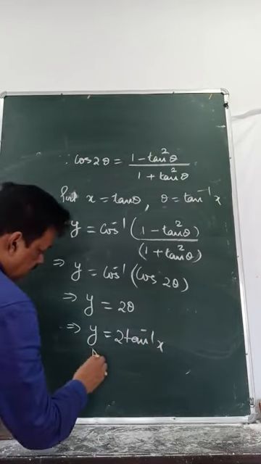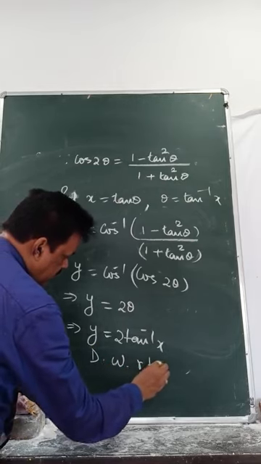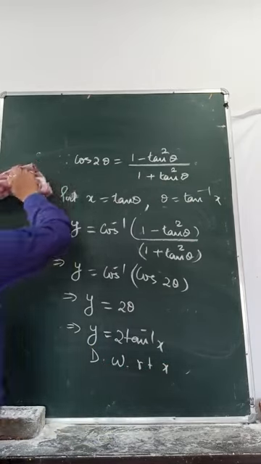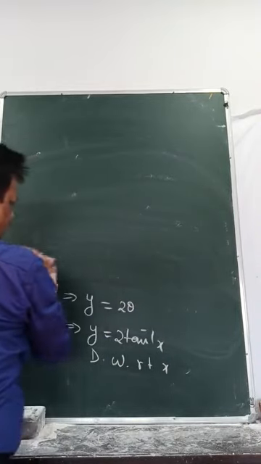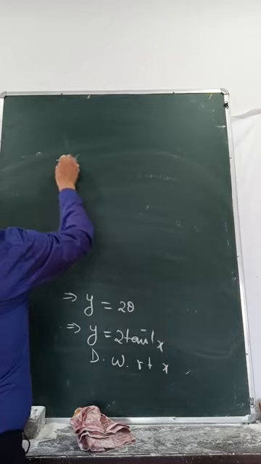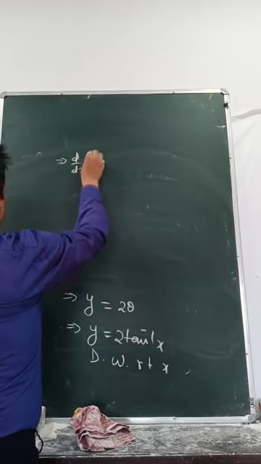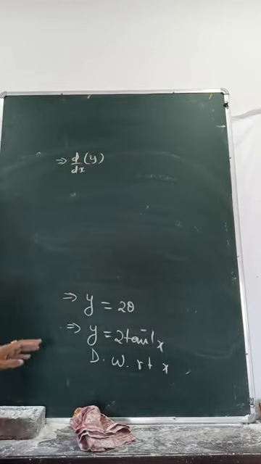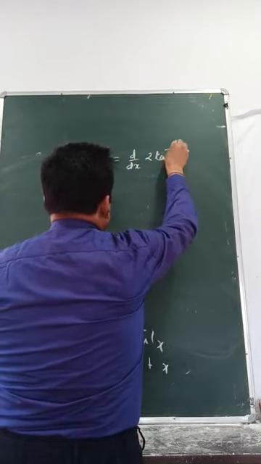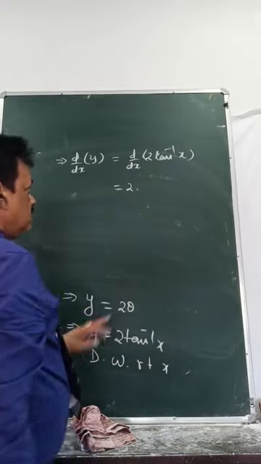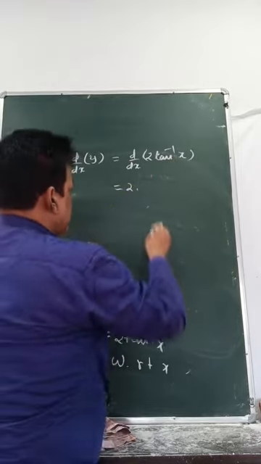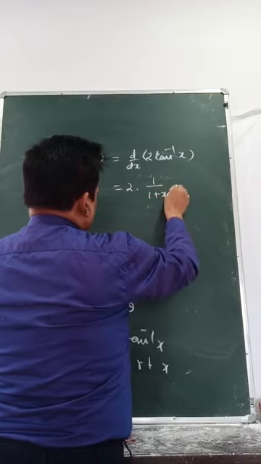Differentiating with respect to x, d/dx of y equals d/dx of 2 tan inverse x. So 2 is a constant, and the derivative of tan inverse x is 1 by 1 plus x square.